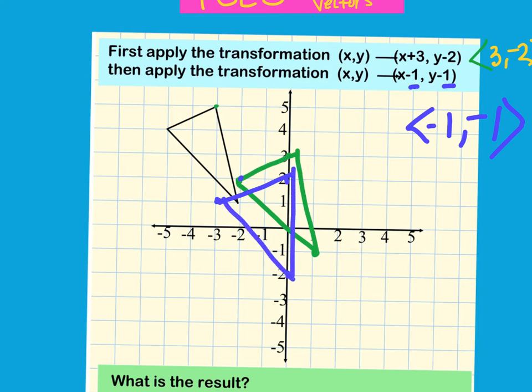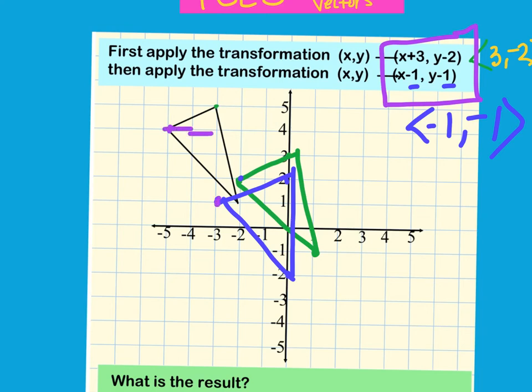If I want to find the total translation of these two, I'm finding what's called the composition. So what makes my original point go to this second image point?